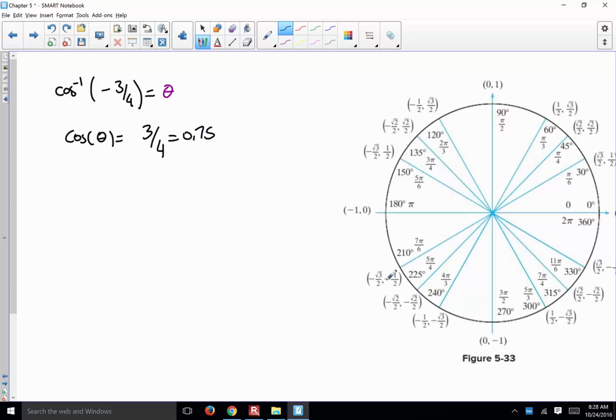So we have 0.75 or 3/4. This is the x coordinate. Do you have any x coordinate here that reads 0.75? No, it's probably somewhere in this range.